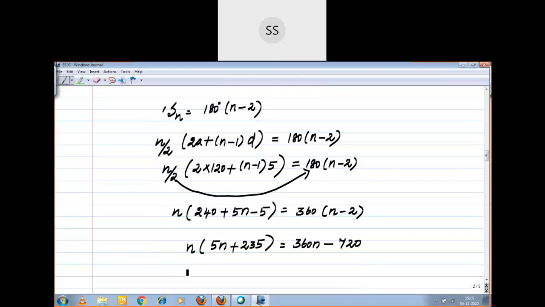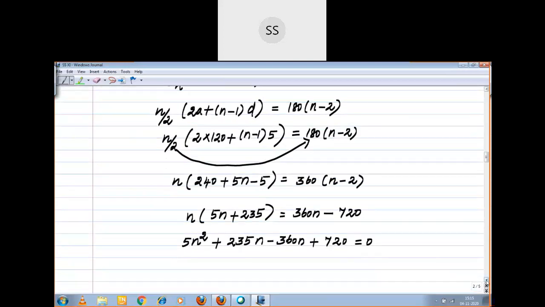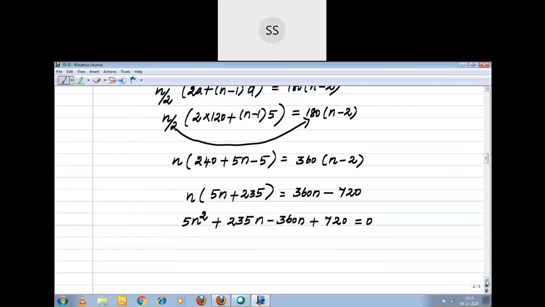Now we are going to get a quadratic equation. 5n square plus 235n minus 360n plus 720 equal to 0. Now, one is positive, another one is negative.